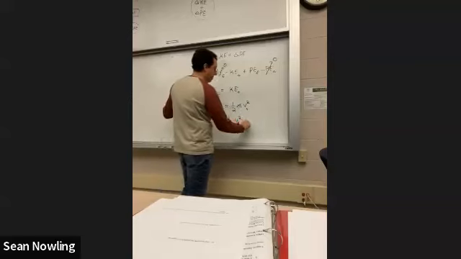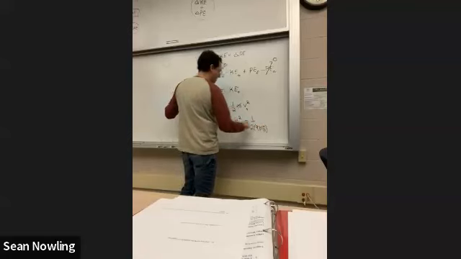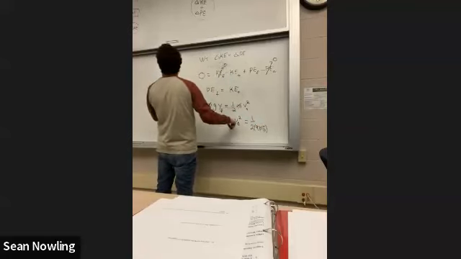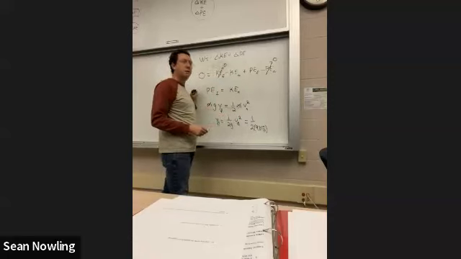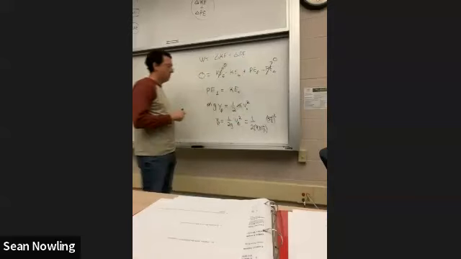And I can just plug in numbers. This is 1/2 times 9.81 meters per second squared. And the initial velocity was, what was it? You guys remember? Did we say 3 meters per second?